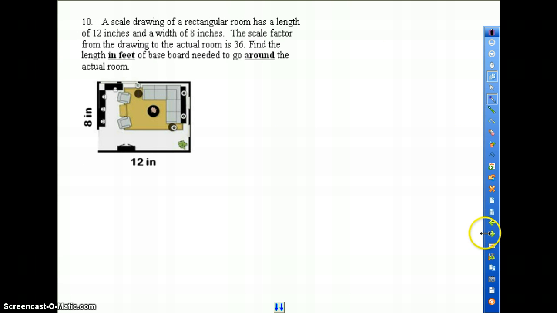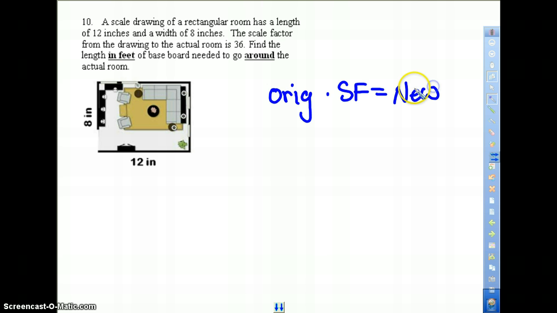Number 10. A scale drawing of a rectangular room has a length of 12 inches and a width of 8 inches. That's the drawing. The scale factor from the drawing to the actual room is 36. Find the length in feet of the baseboard needed to go around the actual room. Okay, well, I know if I take my original lengths and widths and multiply by the scale factor, I get my new lengths and widths.